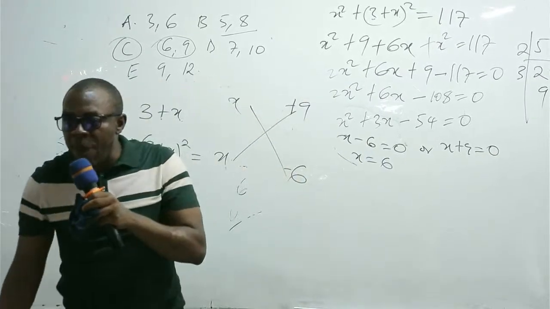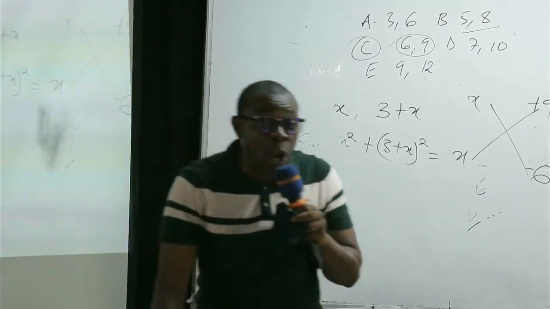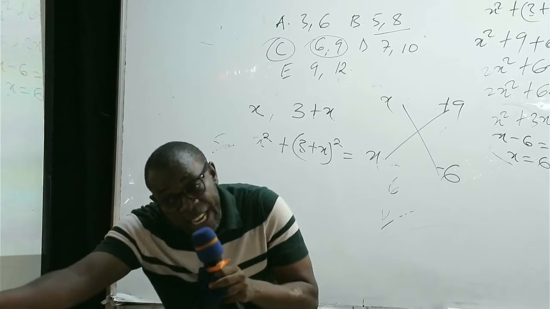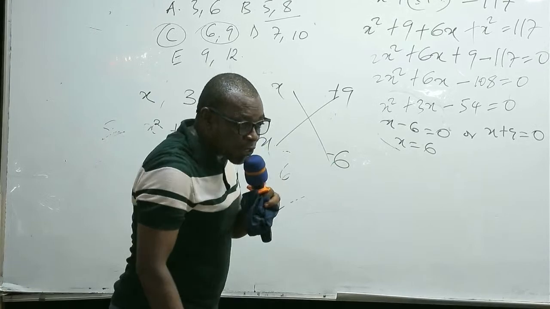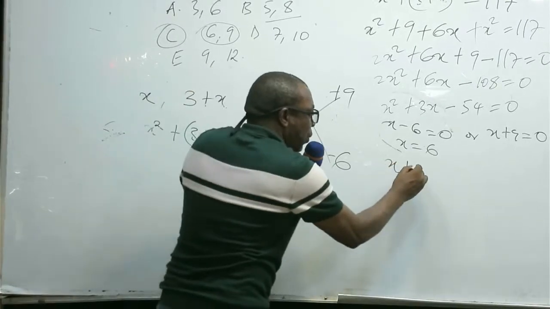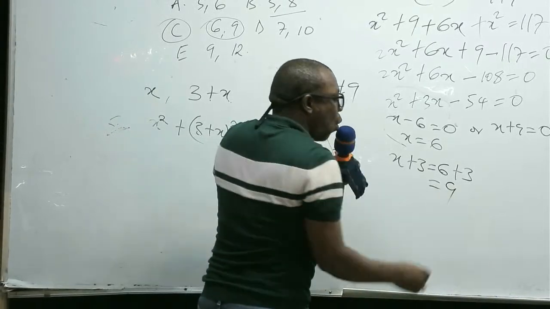Why did I leave minus 9? Because they said natural, and a natural number must not be negative. So you see that my x should be 6. If x is 6, then x plus 3 will give me 6 plus 3, which is 9.